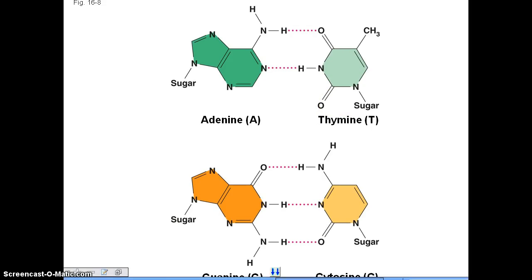Now at this point, what you should be familiar with is Chargaff's rule, which is A pairing with T and C pairing with G. You should know that DNA is a polymer made up of monomers. Those monomers are nucleotides.